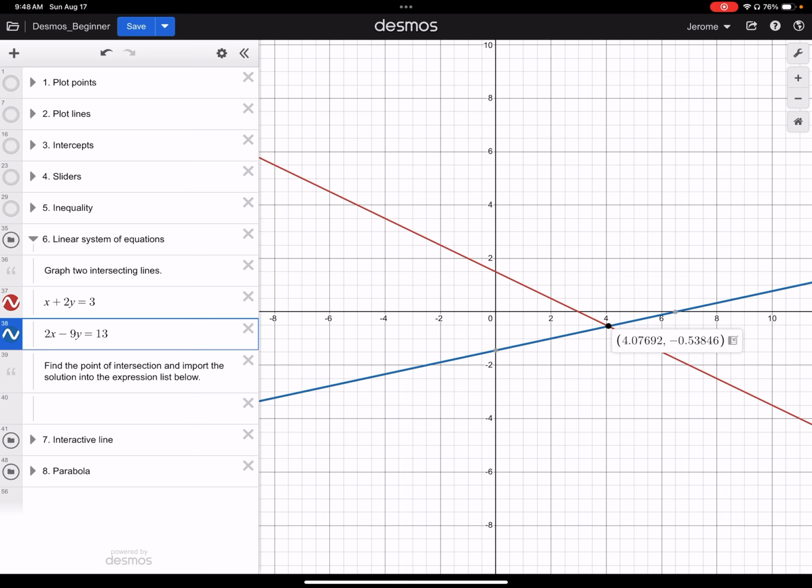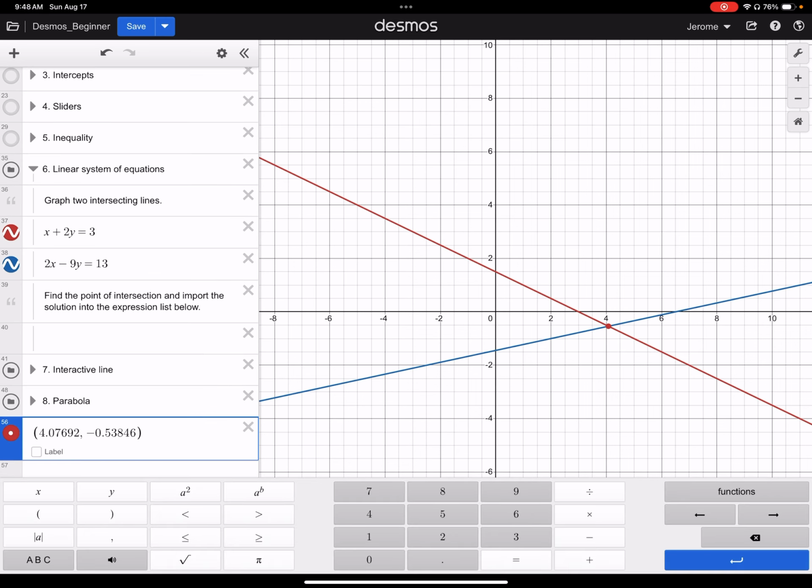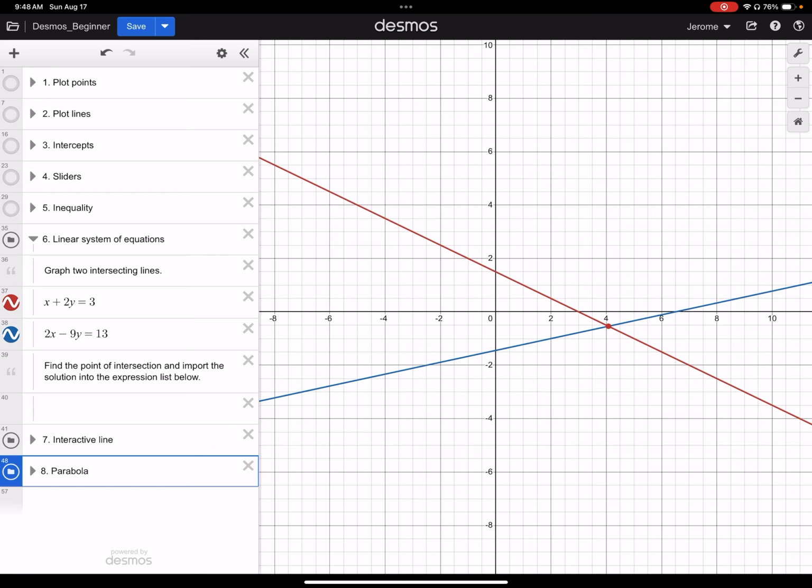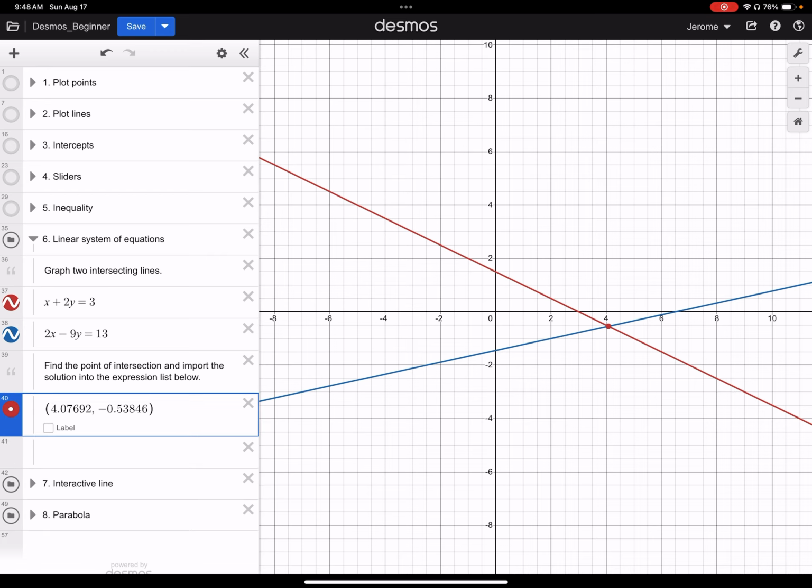So if I just click on that thing, bam, it puts it into the expression list. Unfortunately, it puts it way down here at the bottom, but that's okay. We can click and drag this thing. This happens every single time. Drag this thing all the way up to where I want it. There we go. Maybe I turn the label on, so I can see that actual point pop up there on my screen. Okay?